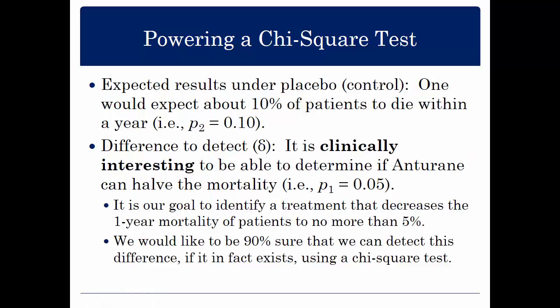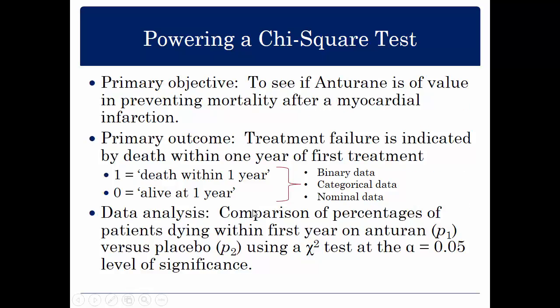This is binary data. The data analysis plan would include something like a comparison of percentages of patients dying within the first year on the treatment, which we'll call P1, versus the proportion of patients dying on placebo, P2.